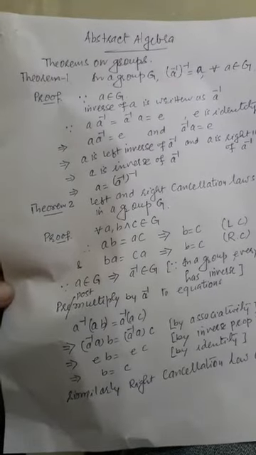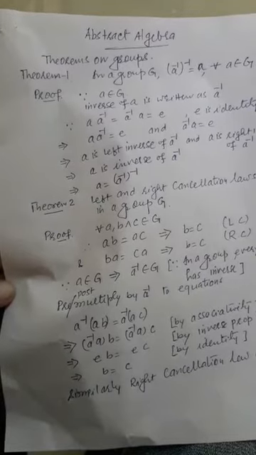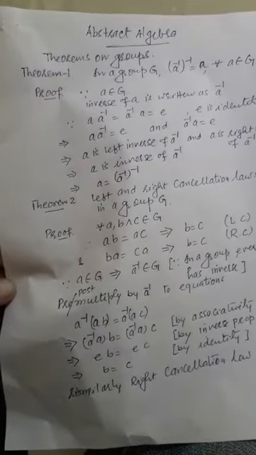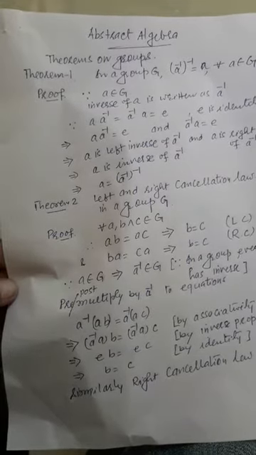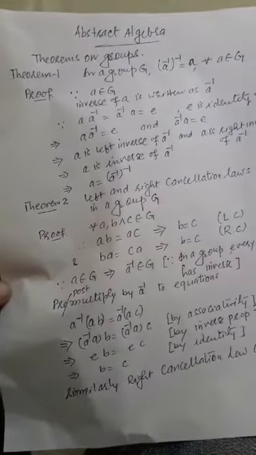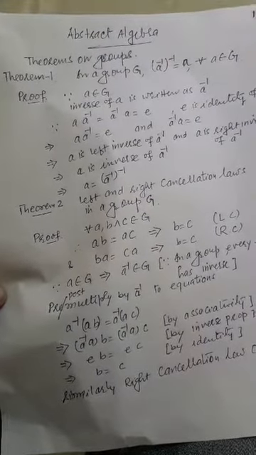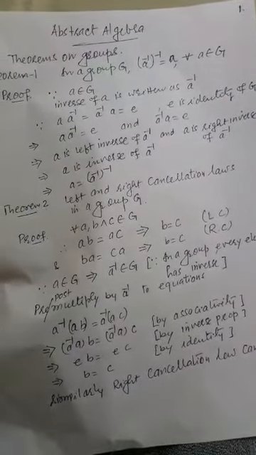So we write it in two parts: a a inverse equal to identity, and a inverse a equal to identity. So a is the left inverse of a minus 1, and a is the right inverse of a minus 1.